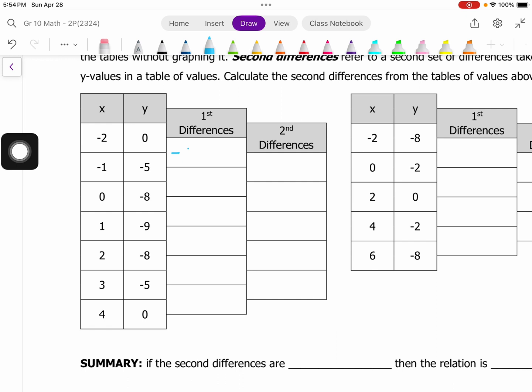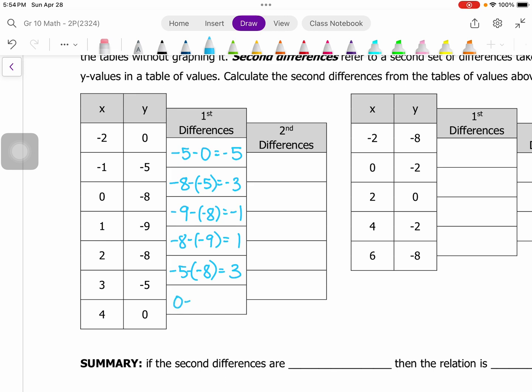So I have -5 subtract 0, that's -5. -8 subtract -5 is equal to -3. -9 subtract -8 is equal to -1. -8 subtract -9 is equal to 1. -5 subtract -8 is equal to 3. And 0 subtract -5 is equal to 5.